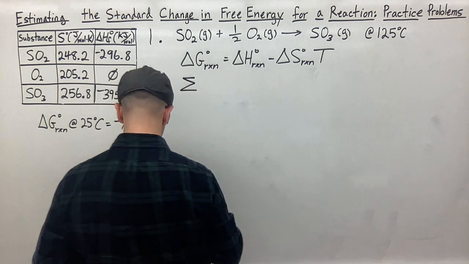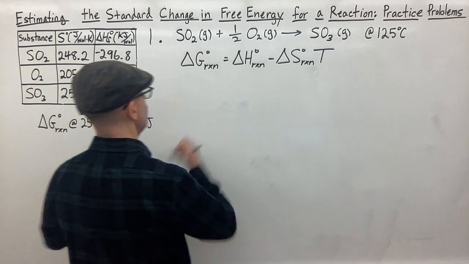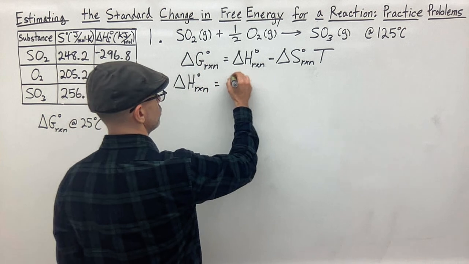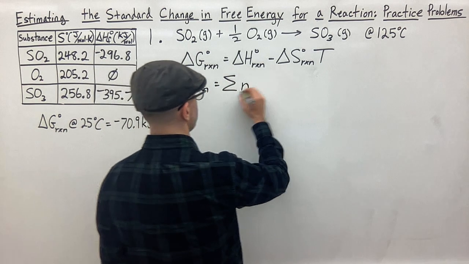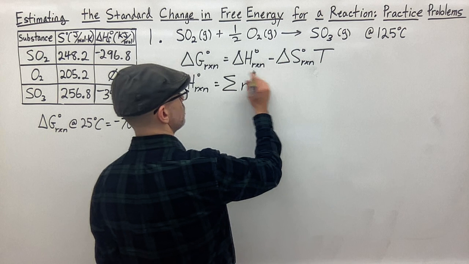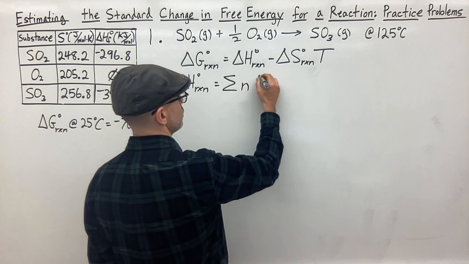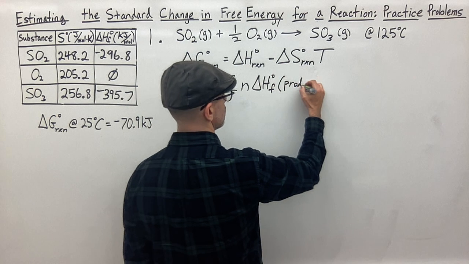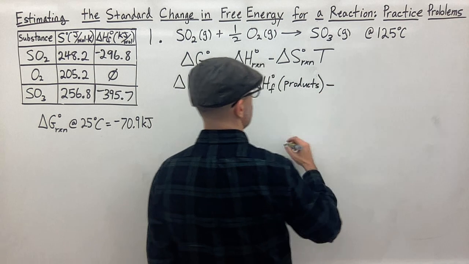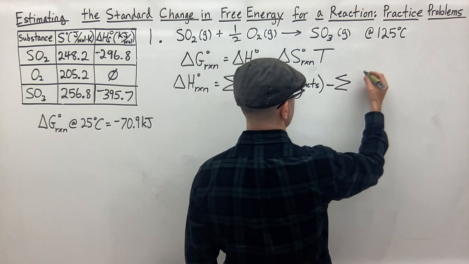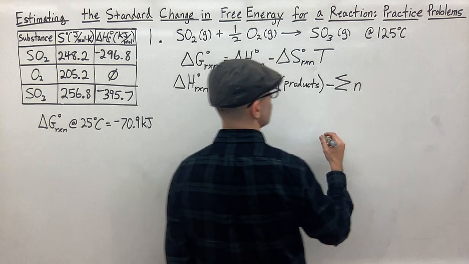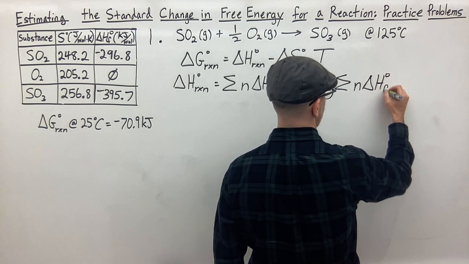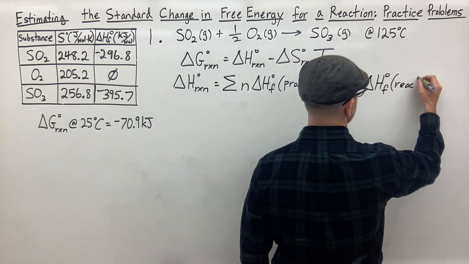So the standard enthalpy of the reaction is equal to the sum of the products multiplied by their coefficients, so the standard heat of formation of products, minus the sum of the reactants, so the coefficient multiplied by their standard heats of formation of reactants.